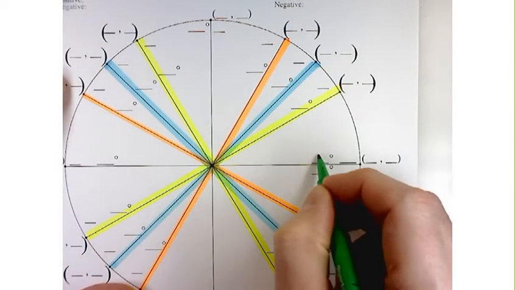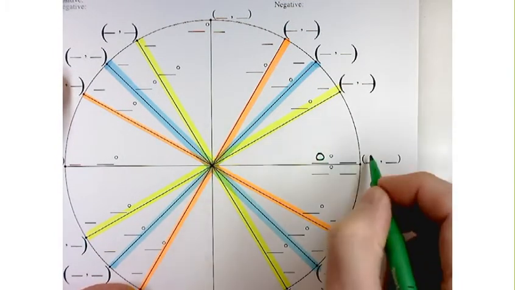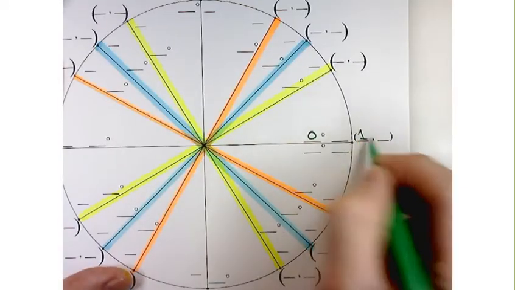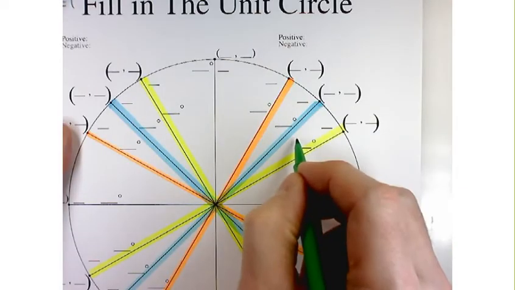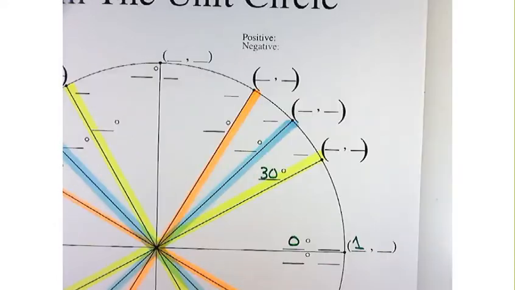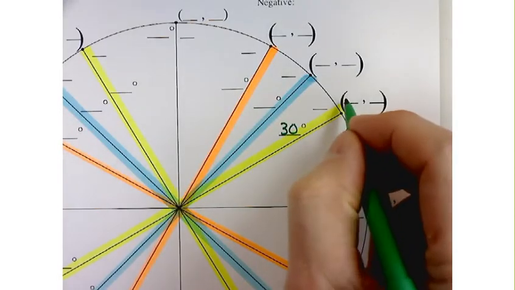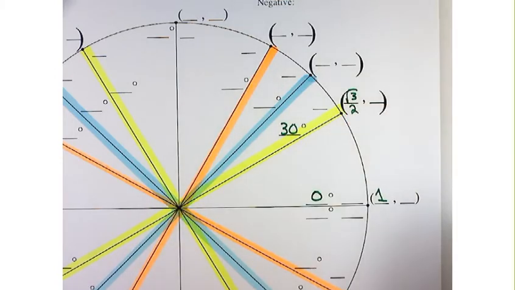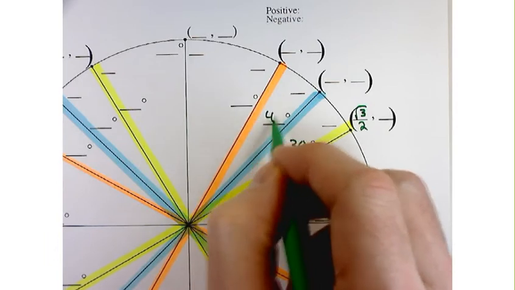So let's understand some of the points on this circle. First of all, this is 0 degrees. And at 0 degrees, the x-coordinate is going to be a 1. The next one you might remember is 30 degrees. And the x-coordinate here is going to be square root of 3 over 2. The next one up from that is going to be 45 degrees.